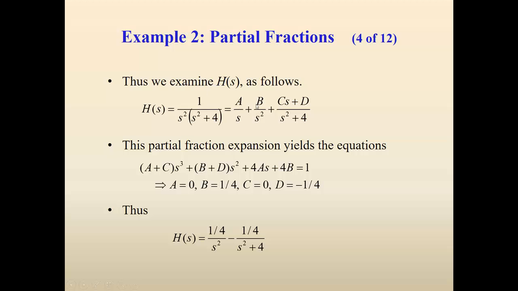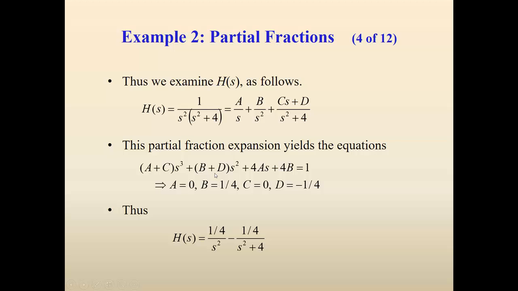A is equal to 0, B is equal to 1/4, C is equal to 0, D is equal to negative 1/4, just by grouping by terms. For B is the only constant, so B is equal to 1/4. For A, s is the only linearity, so A is equal to 0. Because A and C are grouped together, that means C must be 0.